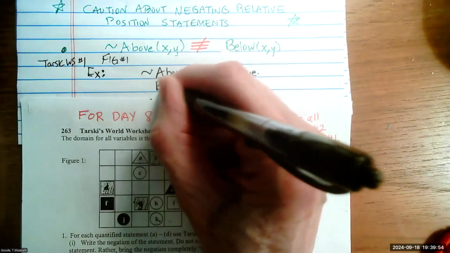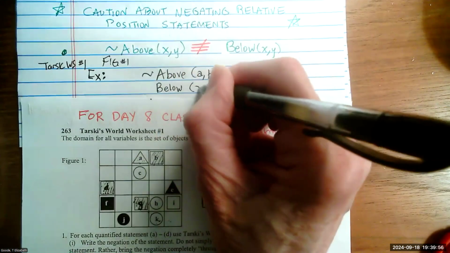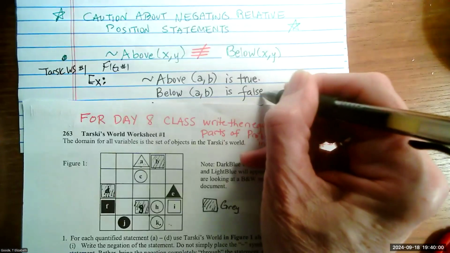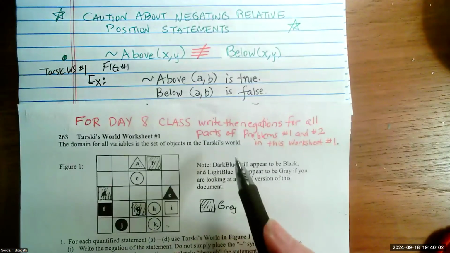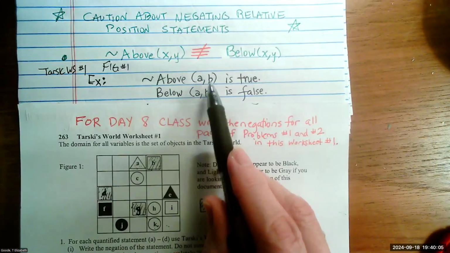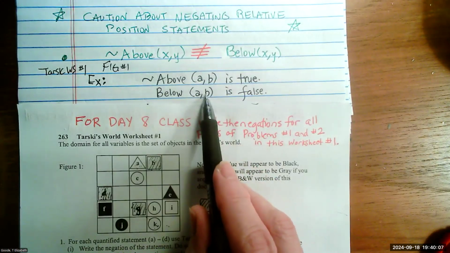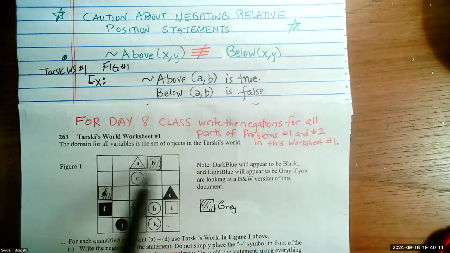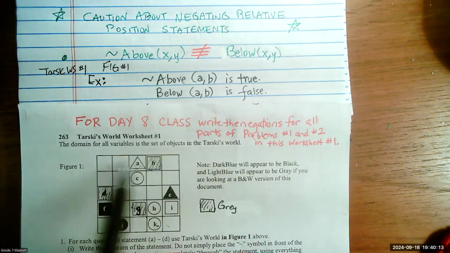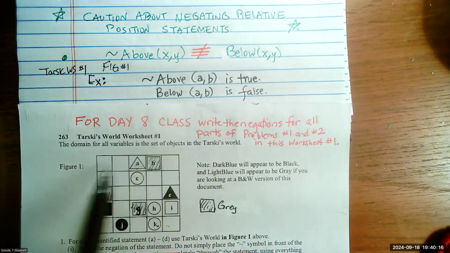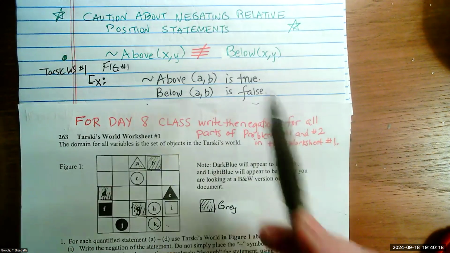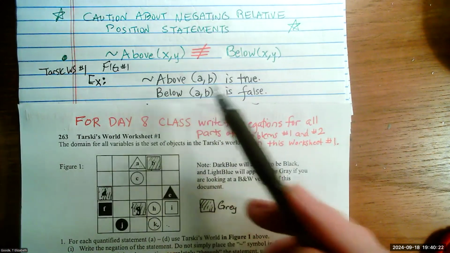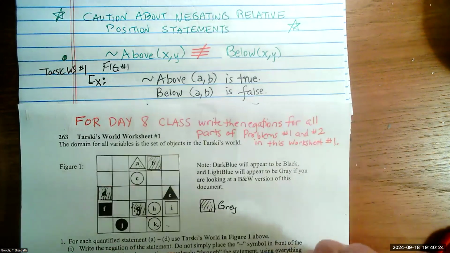But below AB is false. If not above AB meant the same thing as below AB, then these would have to have the same truth value. But the reason they don't is because this is the case like X is equal to Y. They're in the same row together. Neither is above or below the other. So that's why we cannot say that not above AB or not above XY is equal to below XY.